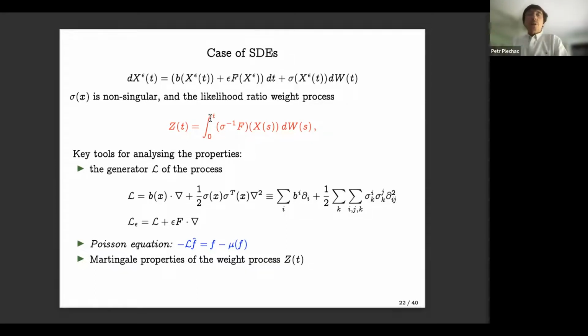As I said, using Girsanov's theorem, it's easy to construct the process Z directly as an Itô integral using the perturbing field, the perturbation of the drift F. One of the advantages of this approach is that we never simulate the perturbed process. We just work with the unperturbed dynamics.